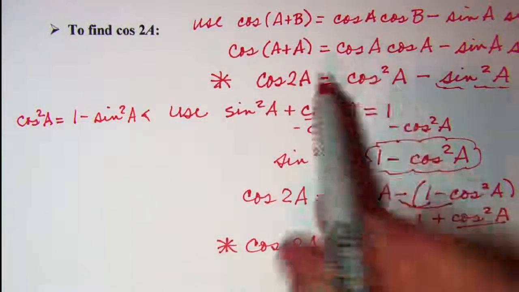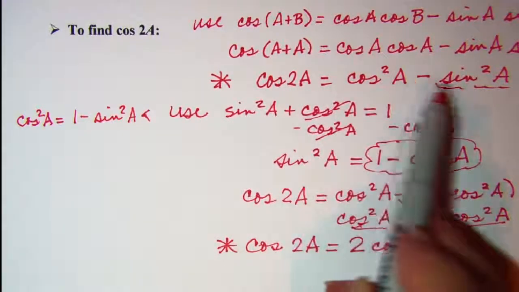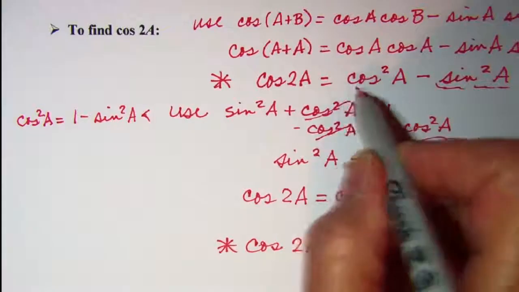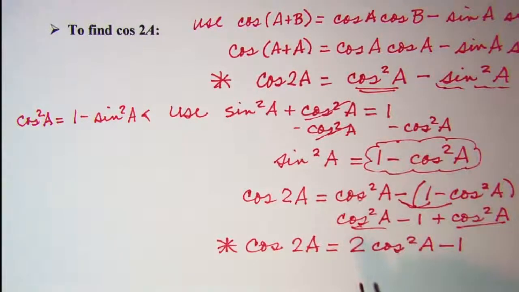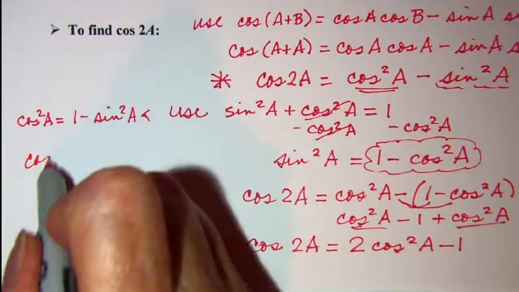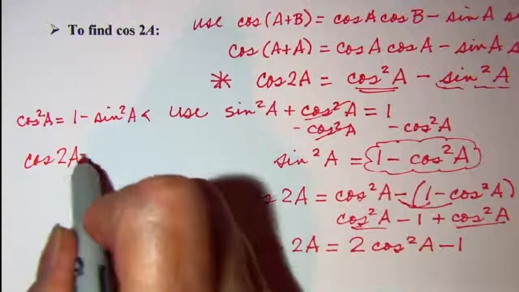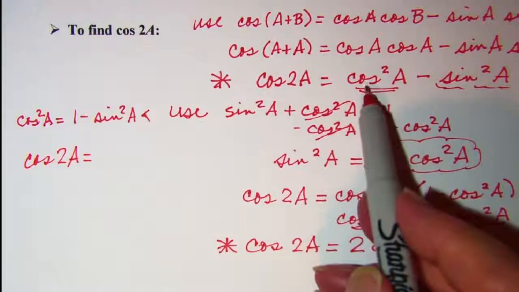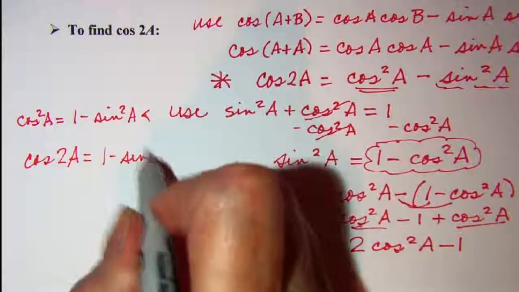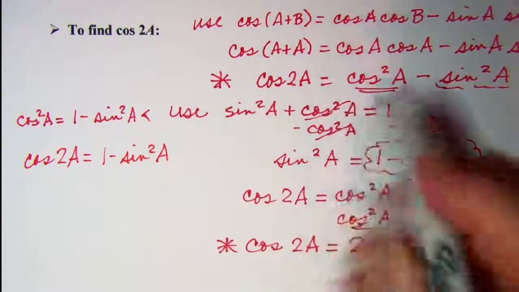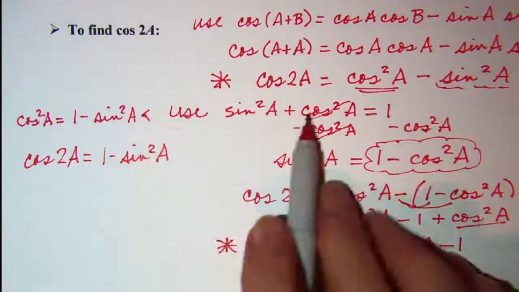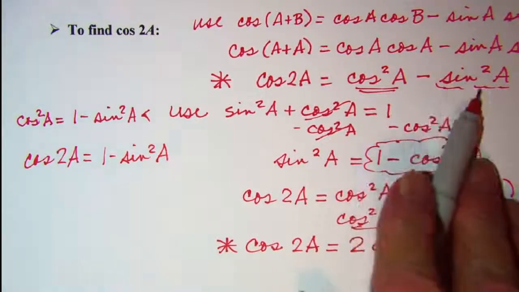And so then let's go ahead and take this identity and plug in that expression for cosine squared. So I have cosine 2a is equal to 1 minus sine squared, that's here, and then minus sine squared.